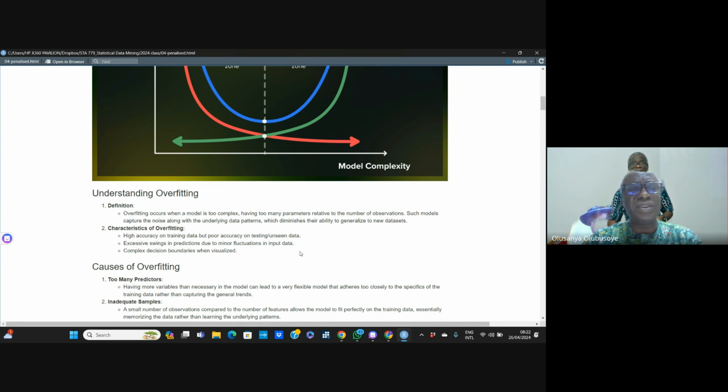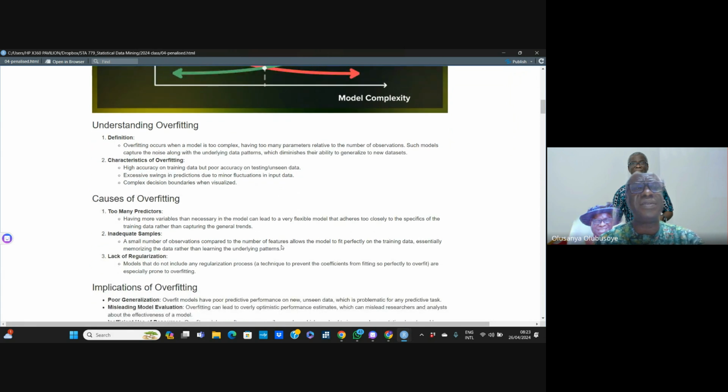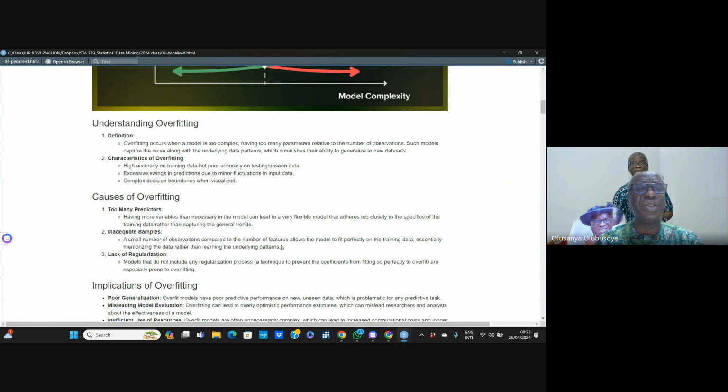The third main characteristic is complex decision boundaries when you visualize the data. So noise is captured more than signals when there is overfitting, and predictions are poor outside the data used to train the model.